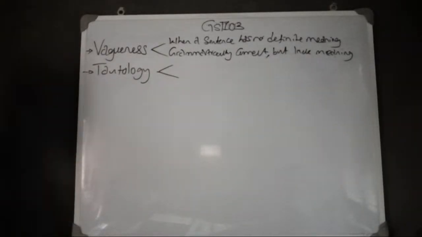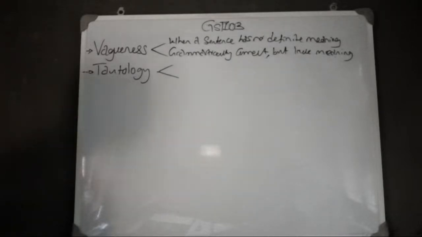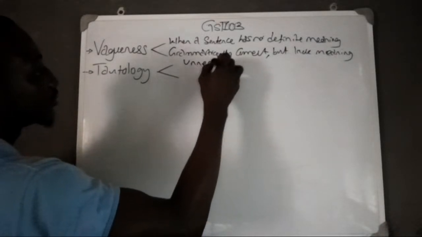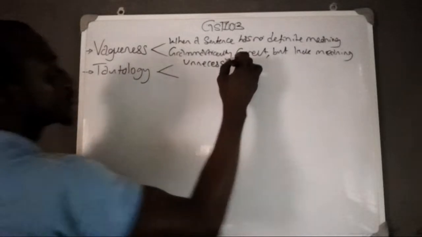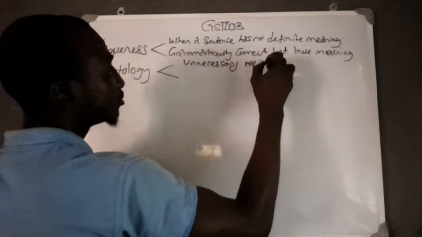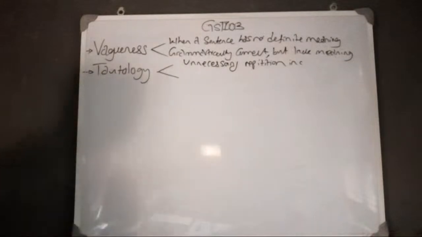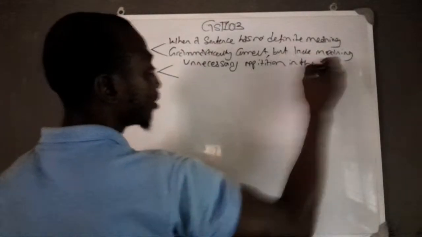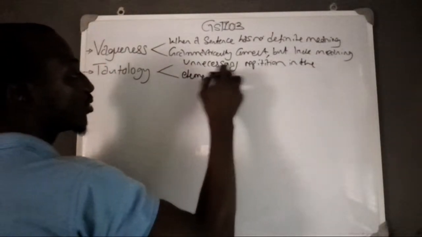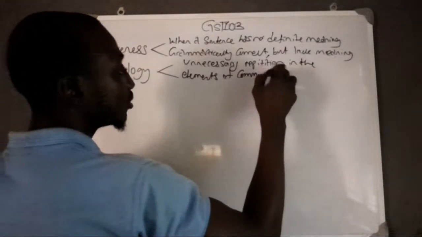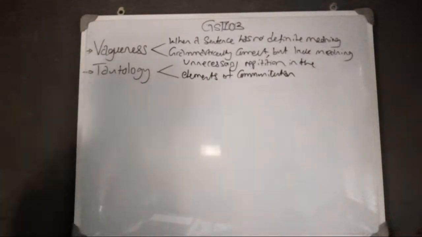Tautology is a situation that arises when we have unnecessary repetition of elements in communication.